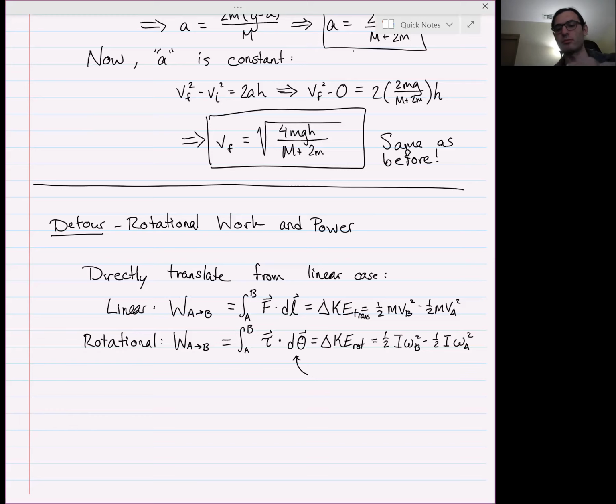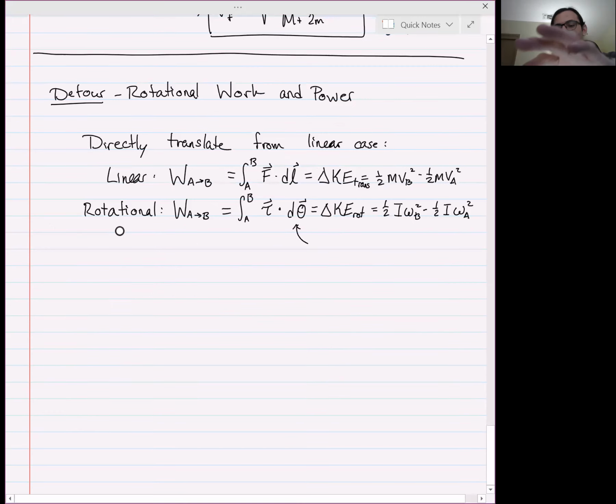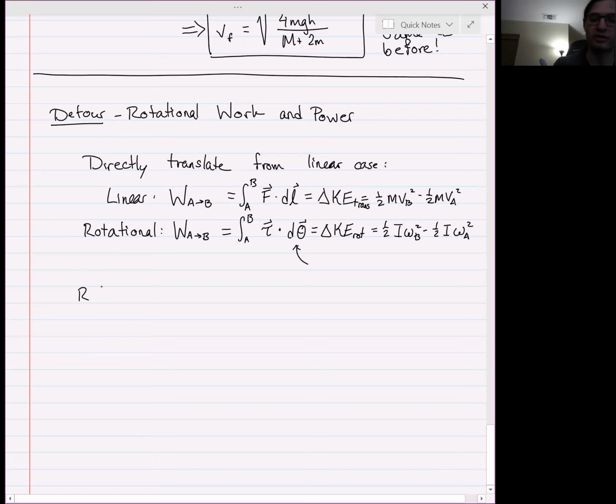Now, I promise this would be a short detour, but we have one more thing to talk about. That's rotational power. Just like for translational motion, power, regardless of whether it's translational or rotational, is the time rate of change of the work. So for rotational motion, it's just the derivative of this integral, which pulls it out of the integral.